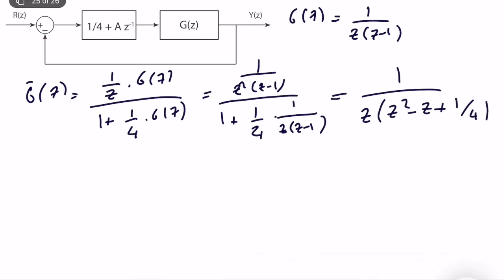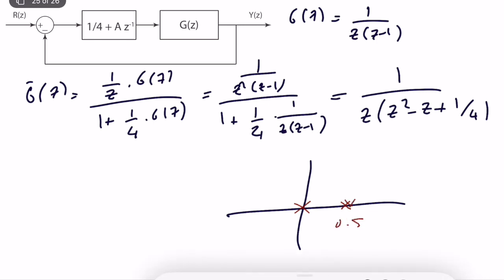As you can see, this modified open loop transfer function has 3 poles. One pole is at the origin, and we have a repeated pole at 0.5.